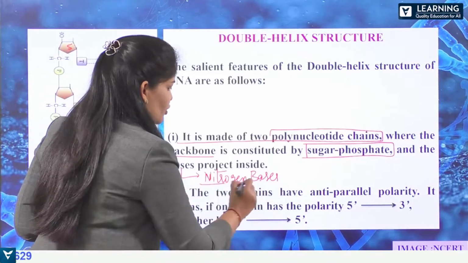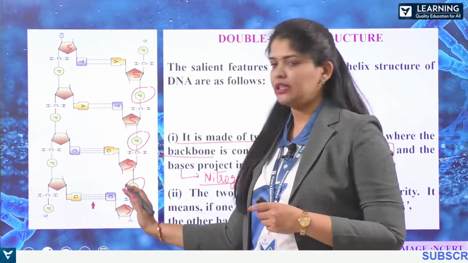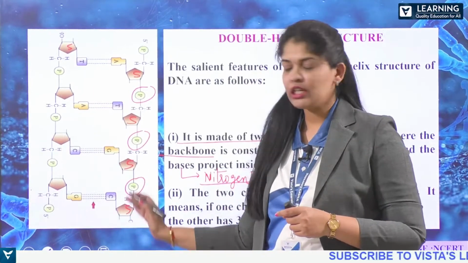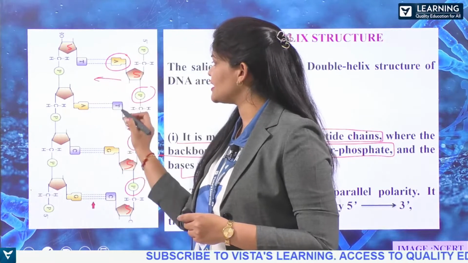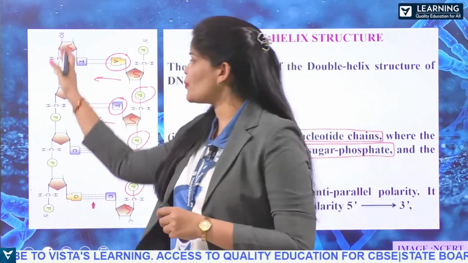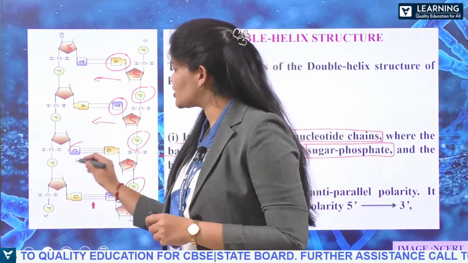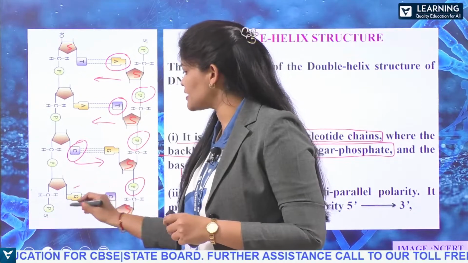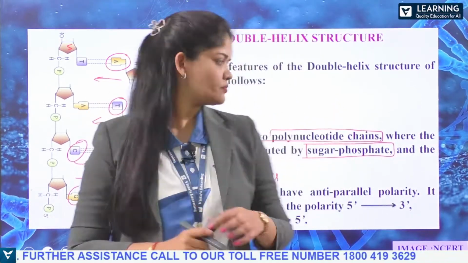These are projected inside. See, this is a polynucleotide chain which projects its nitrogen bases towards the inside. The same thing happens with the opposite polynucleotide chain, which projects its nitrogen bases towards the inside, like a ladder.